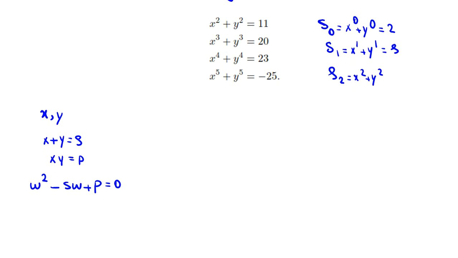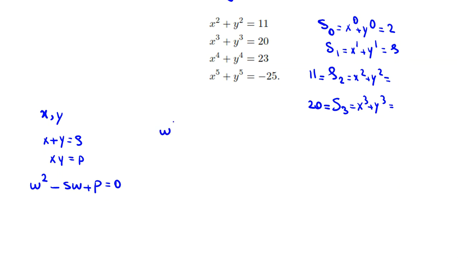We know it is 11 here. And now we also try to find it in terms of s and p, and also S3, x cubed plus y cubed, which we want to calculate, is 20. We use Newton's sum to calculate it in terms of s and p. So let's solve first S2.